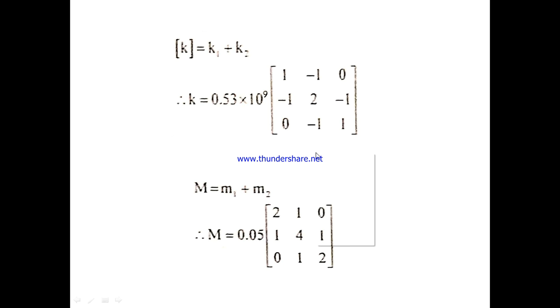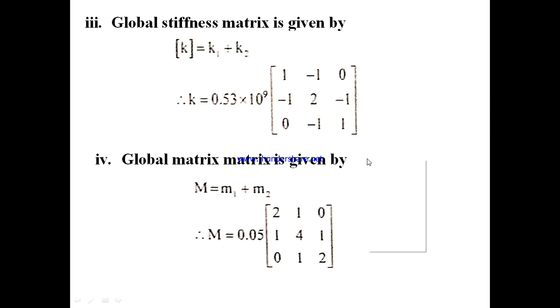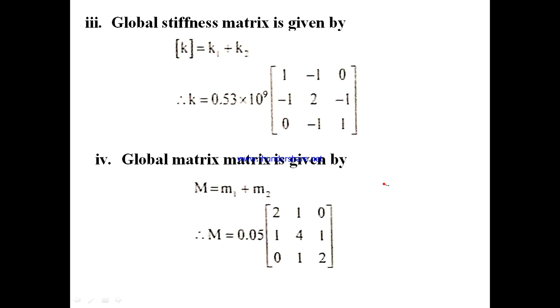What I have explained is a thumb rule. Actually, how we have to solve is: 1 minus 1 minus 1 1 for the first element, and 1 minus 1 minus 1 1 for the second element.